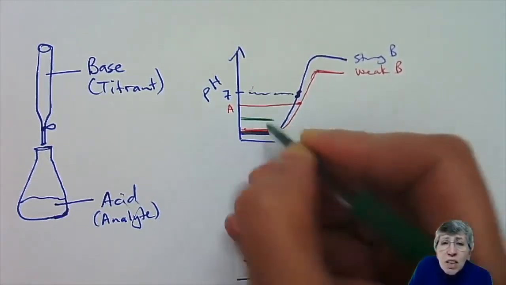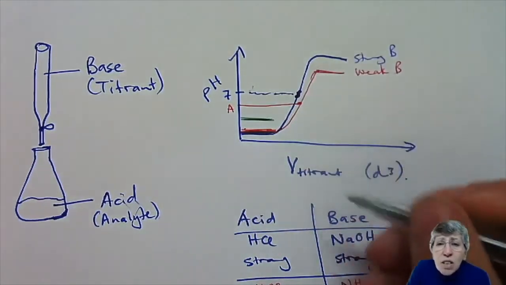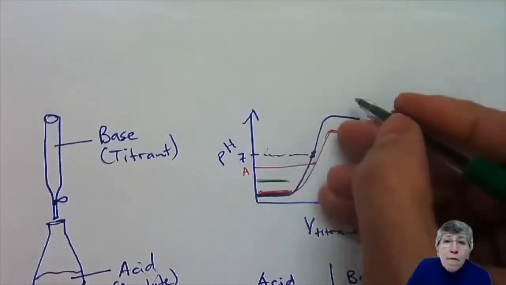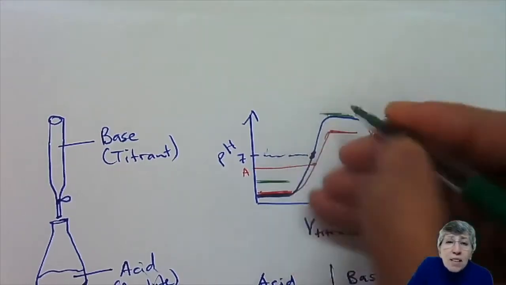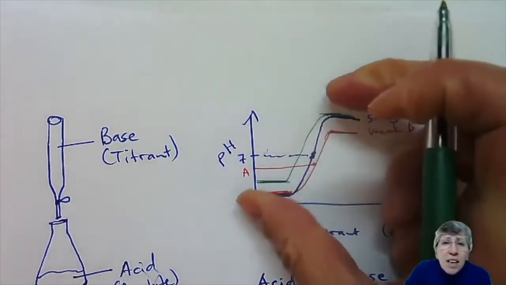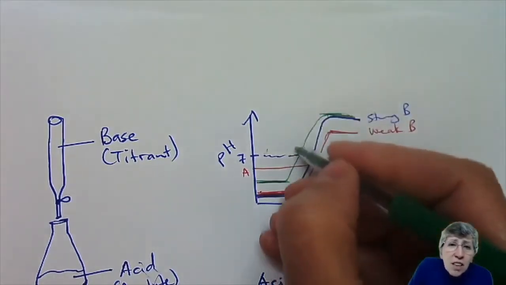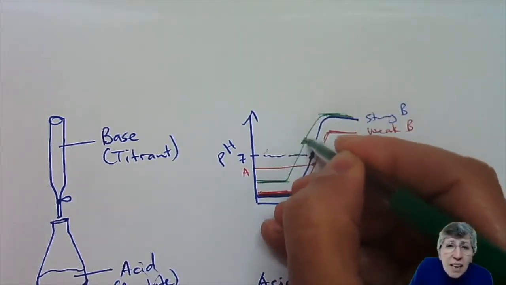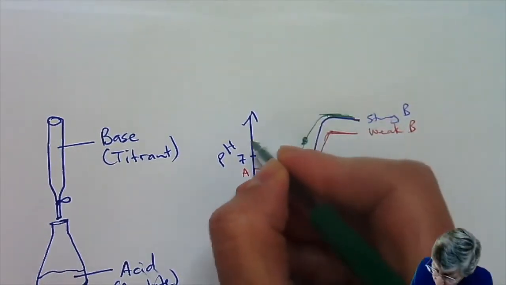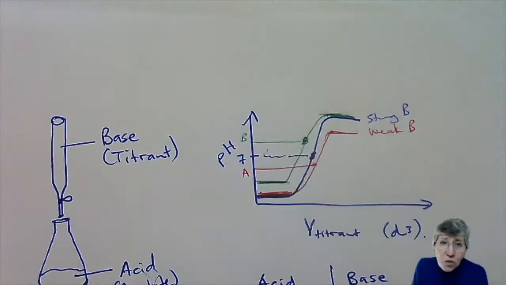I start with a weak acid, closer to 7, right? Not as low. But I end up with the very high, strong base. So I end up right there. So if you've added equal amounts of each, then you're going to be ending up with a pH that is higher than 7, right? A basic pH, right?